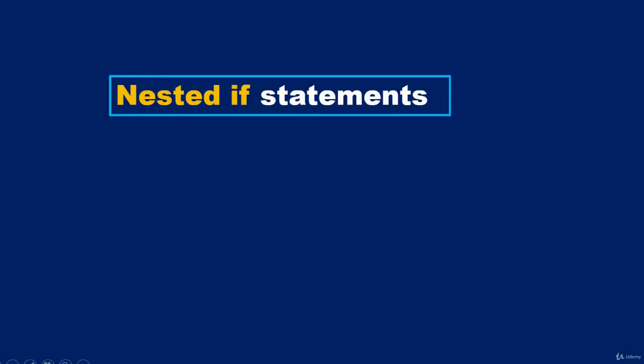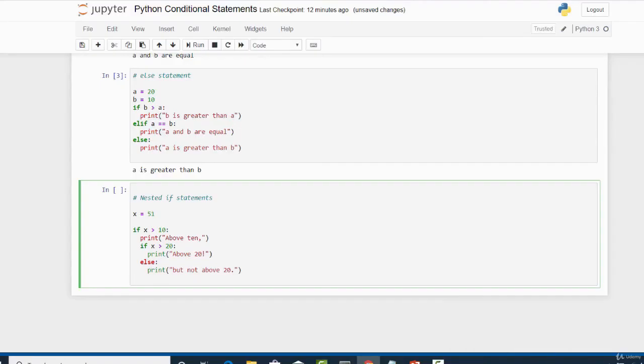We also have what is called a nested if statement, which is basically an if statement embedded inside another if statement. I have added a block of code into this cell to illustrate how the nested if statement works. So I've got a variable X, which has a value of 51. And I've got my first if statement, which is checking if X is greater than 10.